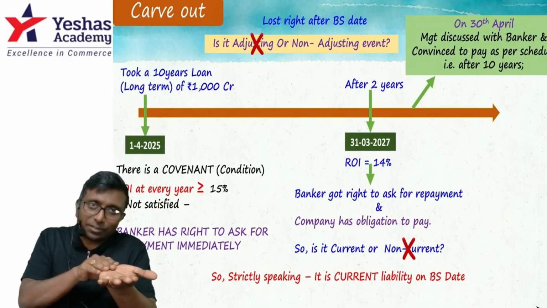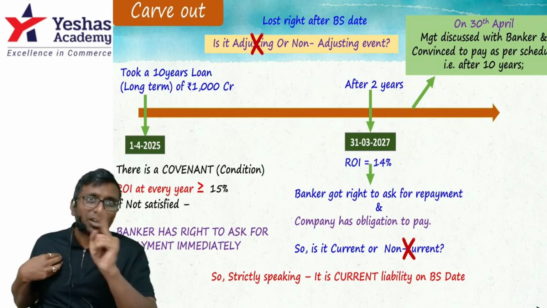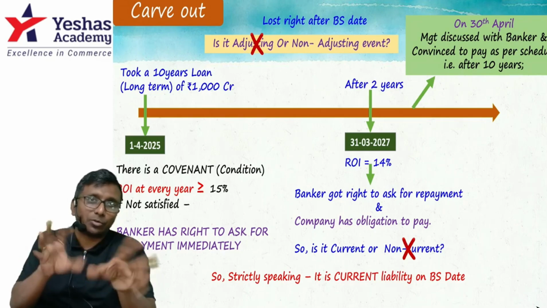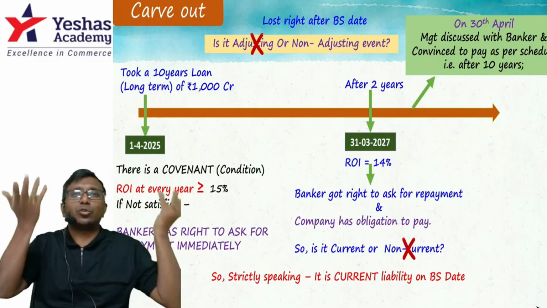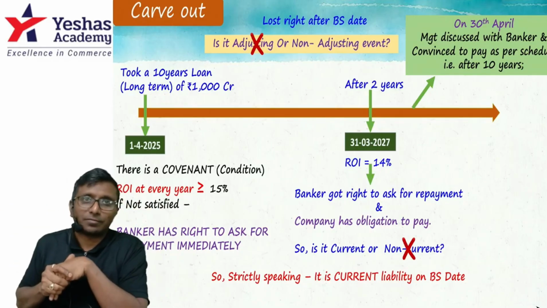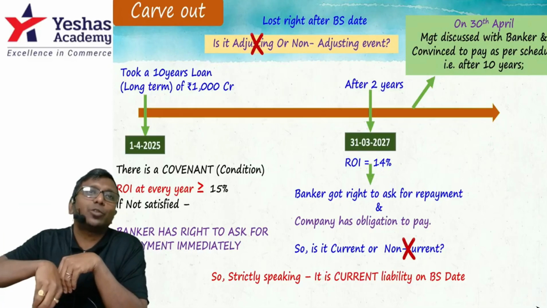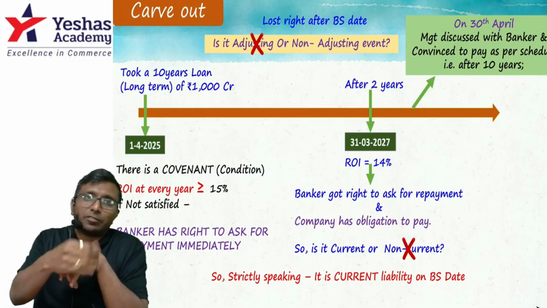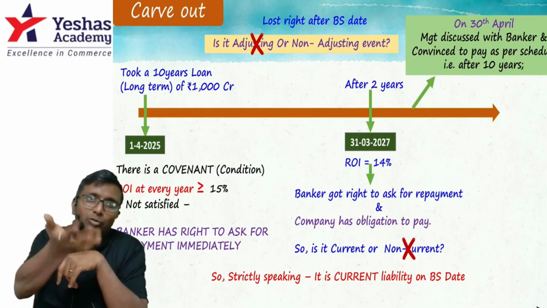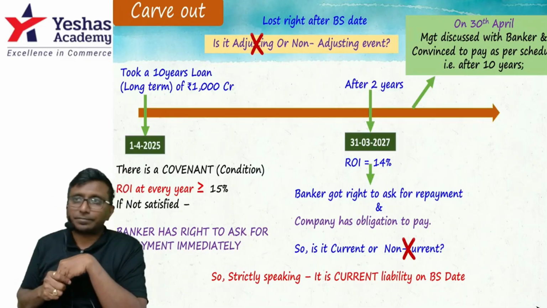So if you are earning less than 15%, I'll get a doubt that something is wrong going on, and you may not be able to repay me. So I'll come and collect my money first. Later you go wherever you want. In a particular year they earned only 14%, which means their performance is down. When you don't earn 15%, I get the right to collect my money back. Like that.